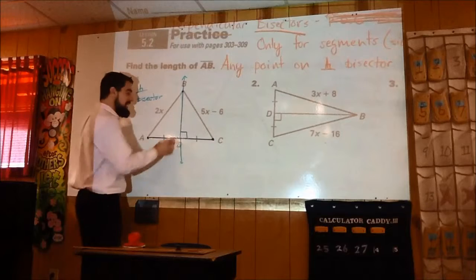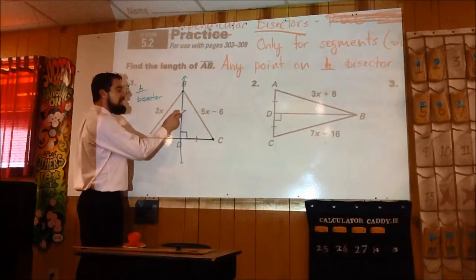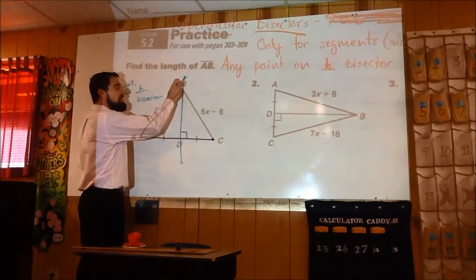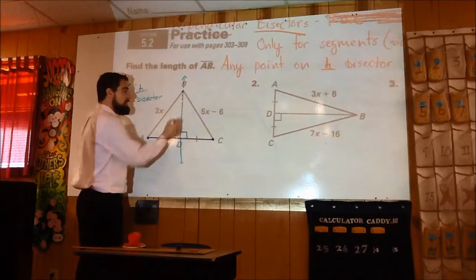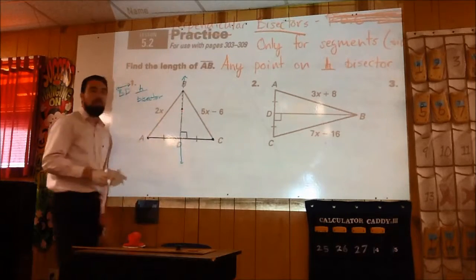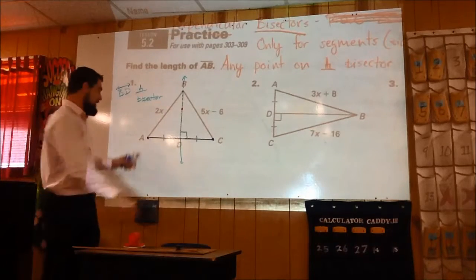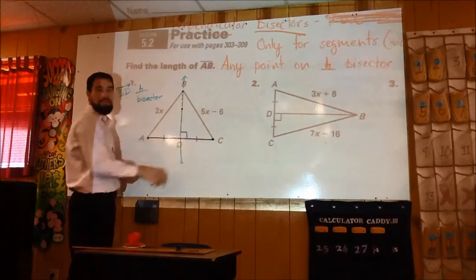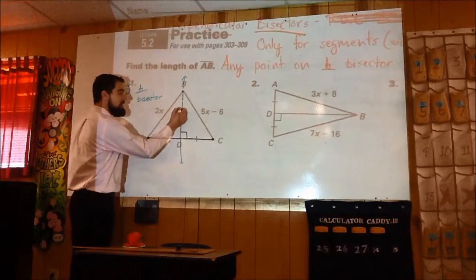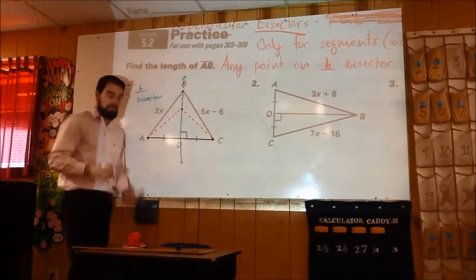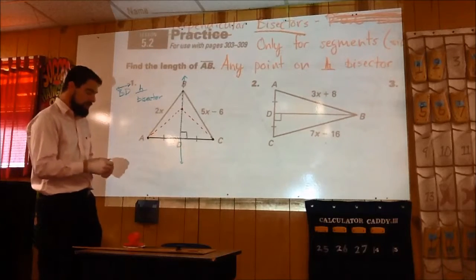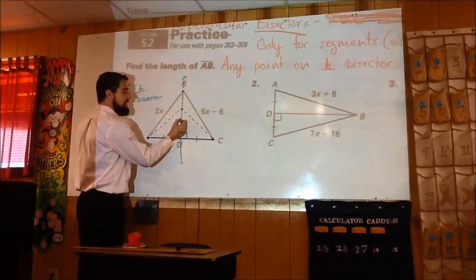What that means is I can pick any point I want on this perpendicular bisector, and that point will be the same exact distance away from the two endpoints of the segment that's being bisected. So this distance here is the same exact distance as there. You can choose another point if you wanted to. How about a point right here?